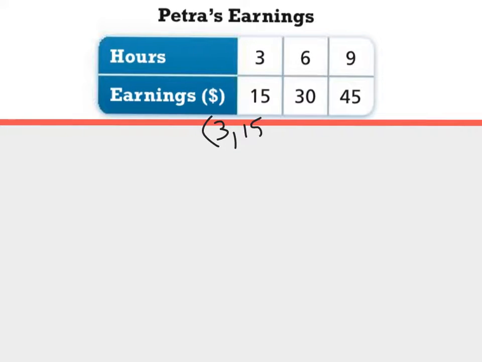This is like 3, 15, 6, 30, and 9, 45. And you could just look at those the same way. You could say, what's my change in y, what's my change in x, and then figure out that unit rate. And again, just to be consistent, so you guys don't have two ways to remember, that would be my recommendation, just to go ahead and do that, and then you don't have to think, oh, am I doing it this way or this way now?